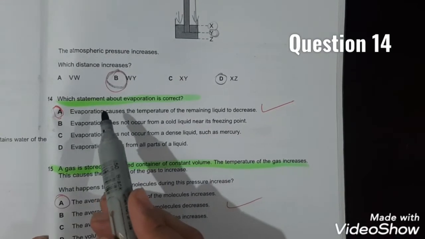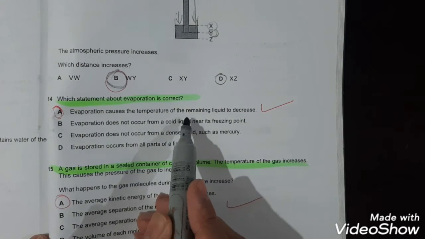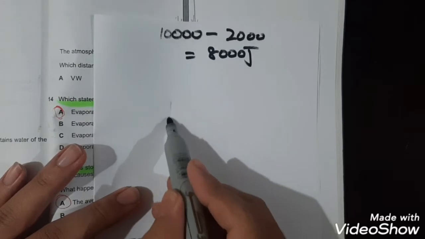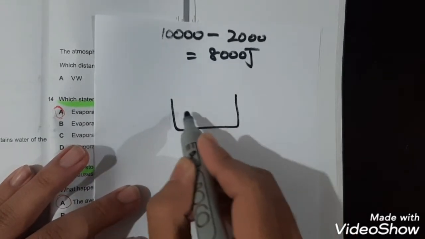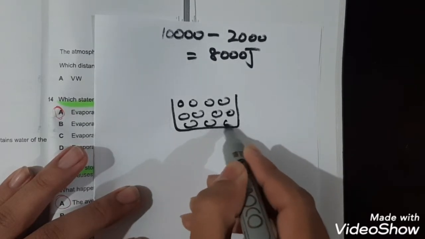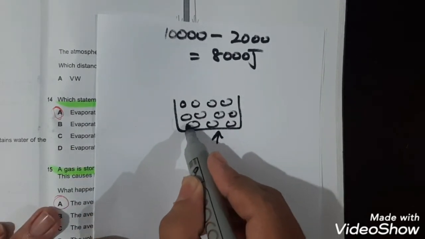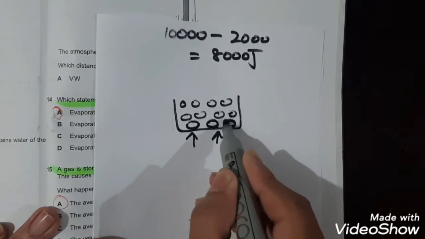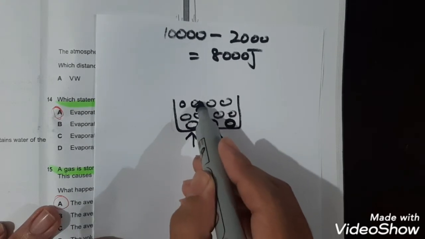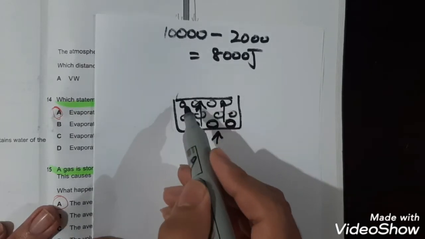Question 14 states which statement about evaporation is correct. So A states evaporation causes the temperature of the remaining liquid to decrease. This is true because, for example, if we take a pot and we have water molecules in the pot, when the heat is applied at the base of the pot, the base molecules over here will be at higher temperatures, and they will move upwards to the top of the surface of the pot or pan, and then from the surface they will escape into the air or evaporate.